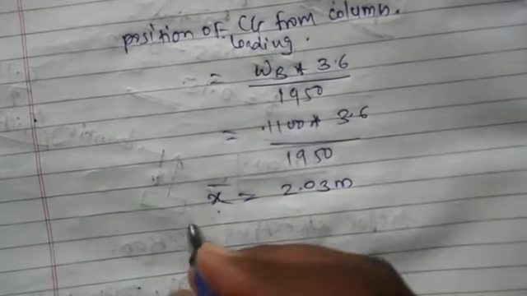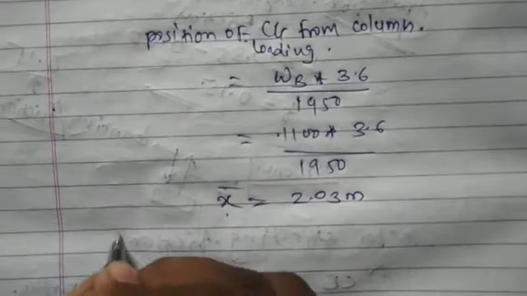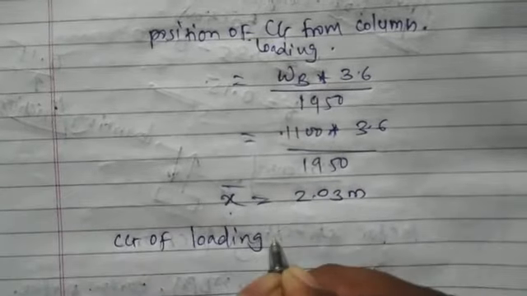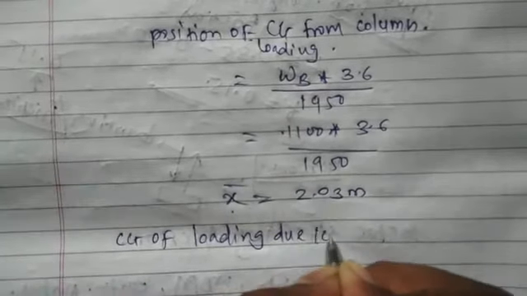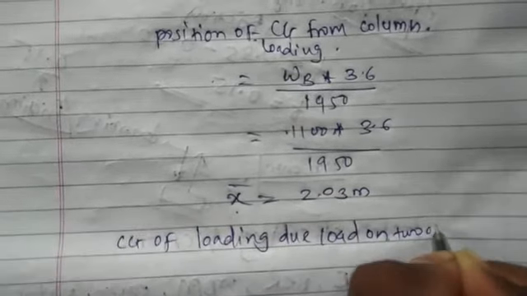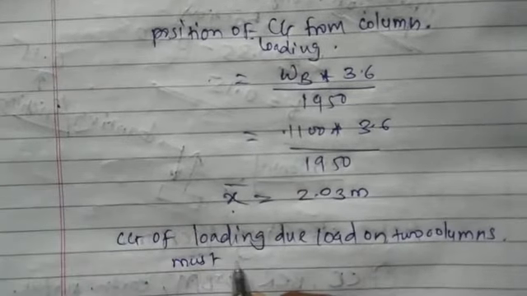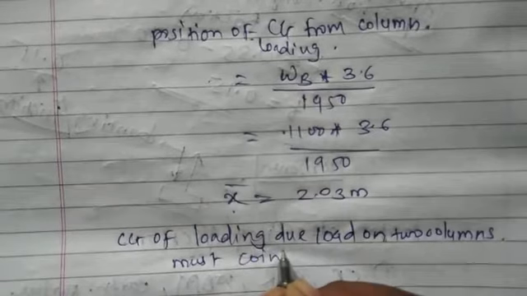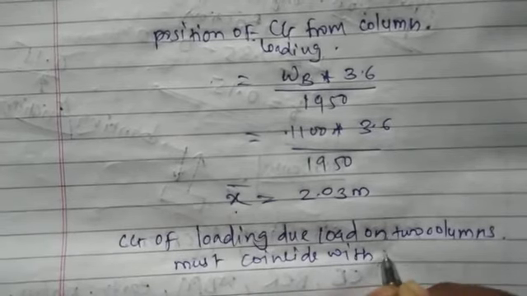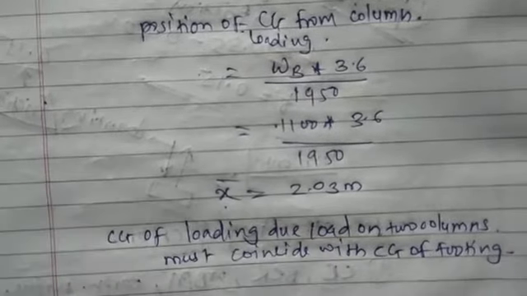Now we know that for this footing, the CG of loading due to loads on the two columns must coincide with the CG of the footing, or CG of area of footing.